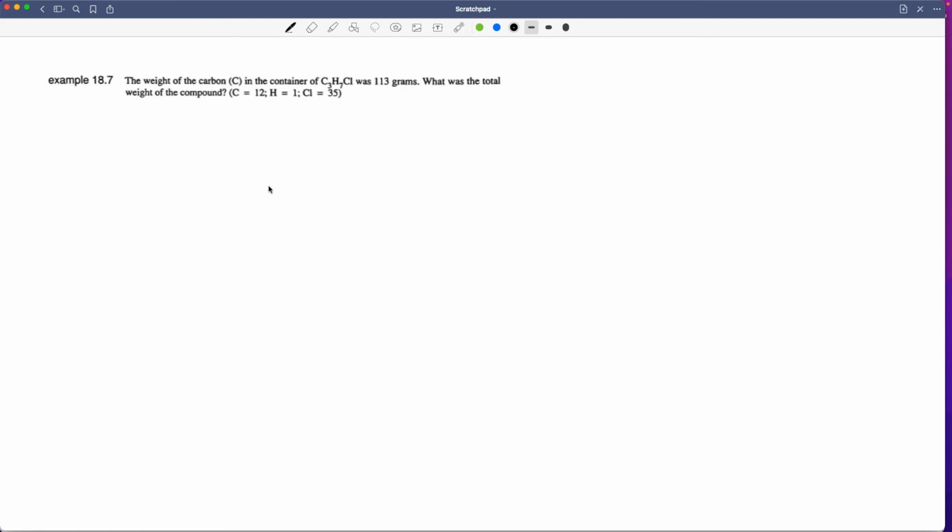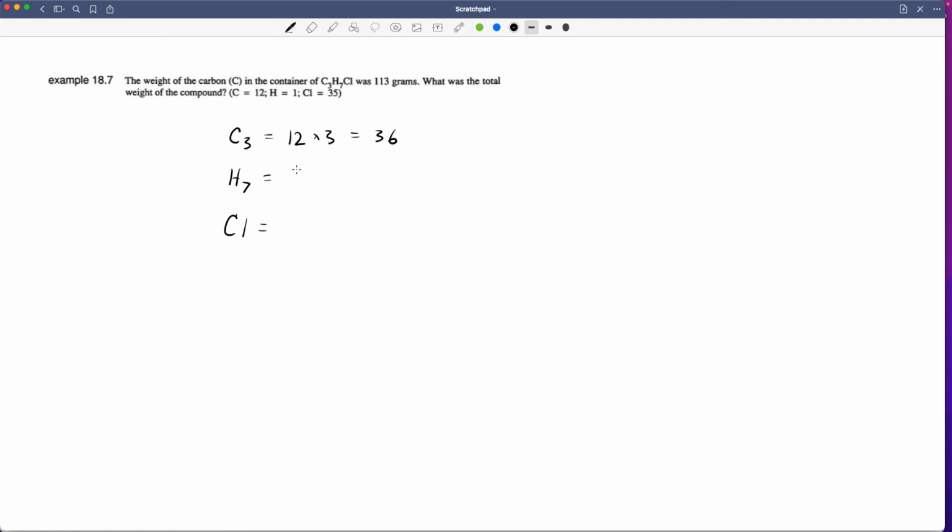So the first thing we do is a ratio problem. And the gram atomic weights are given in the parentheses for us, so we just have to figure out the ratio versus 113 grams of this. So we have C3, H7 and Cl. All right, so carbon is C, that's going to be 12, and we have 3 of them. So times 3, that equals 36.